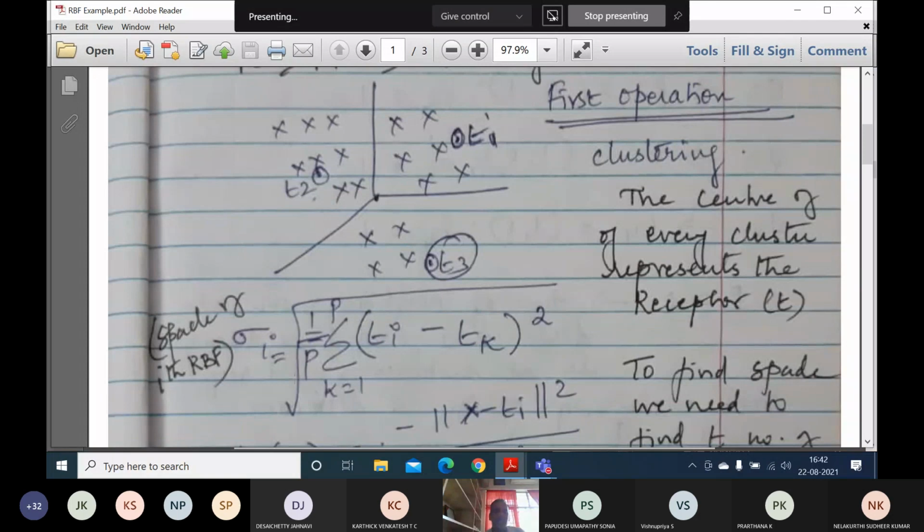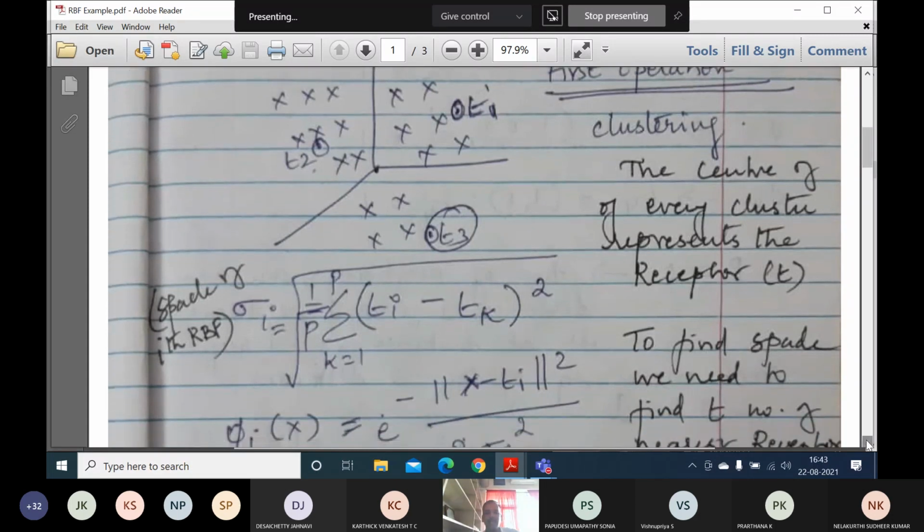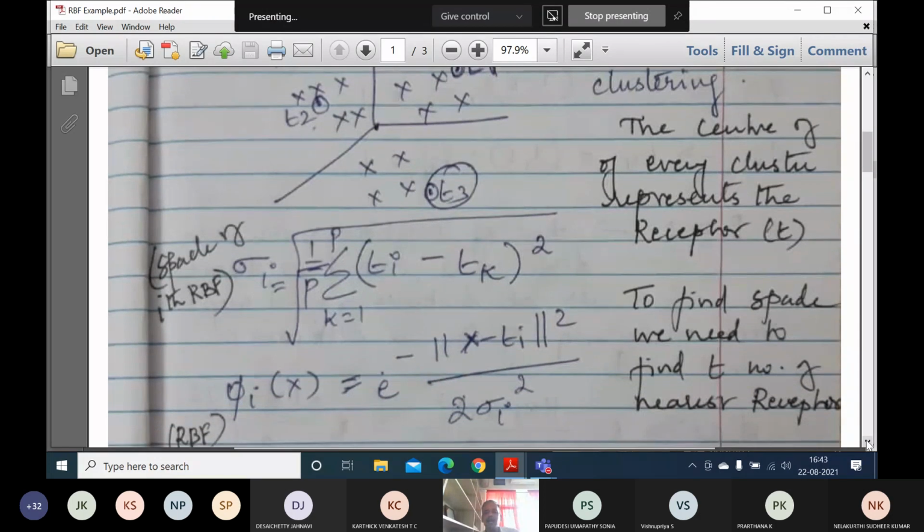The spade of the ith RBF can be represented by sigma i, which is the square root of 1 divided by P times the summation of Ti minus Tk. Ti is the center of the receptor, and Tk is the distance from that particular center to this particular spade point.